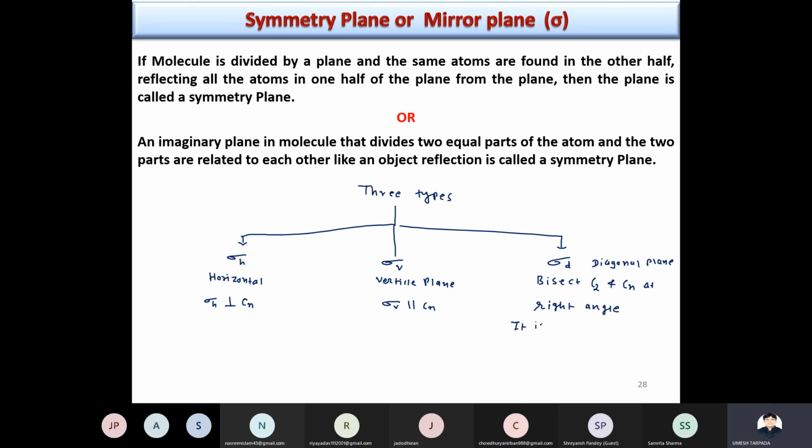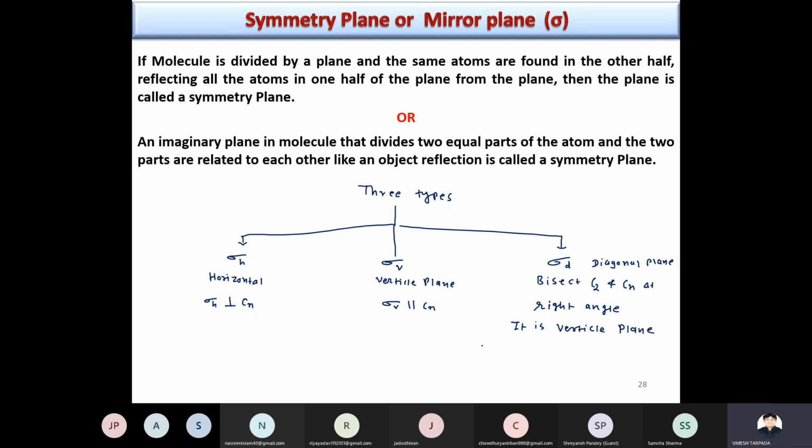It is a vertical plane. If a molecule has more than one type of vertical plane, then the plane which is passing through the minimum number of atoms is called the diagonal plane.